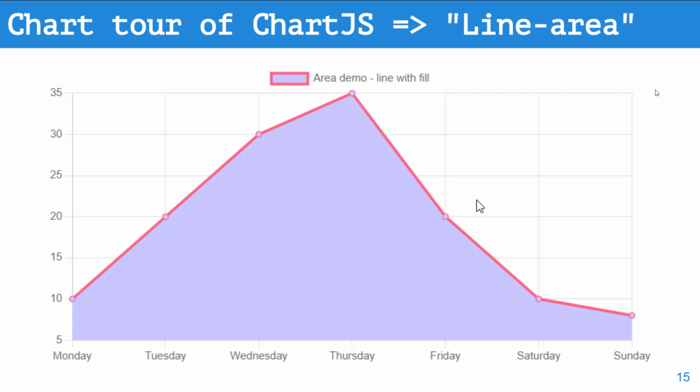And so an area chart is just a line chart with the fill option turned on, right? And there we go. Demystify that one for you. To understand an area chart, you've got to understand the line chart first, because it's just a line chart with the fill turned on, right?